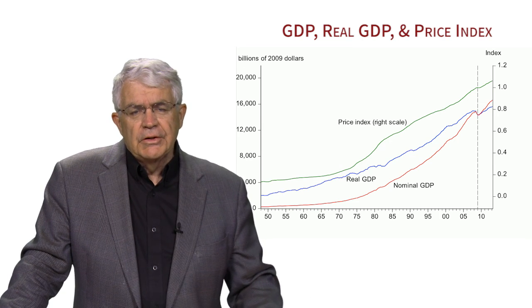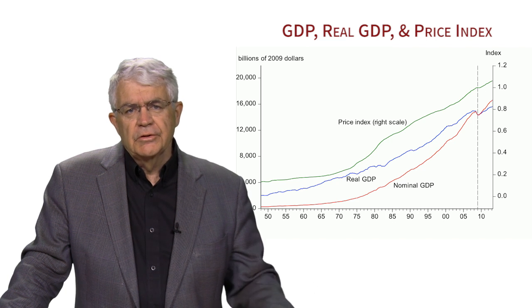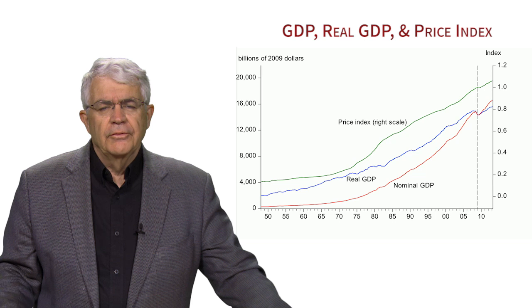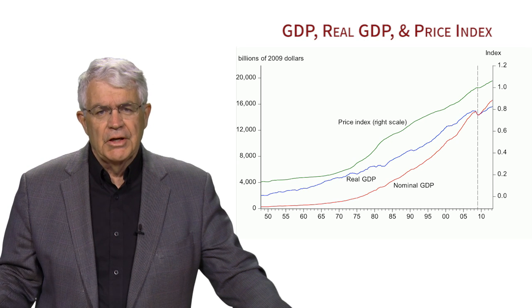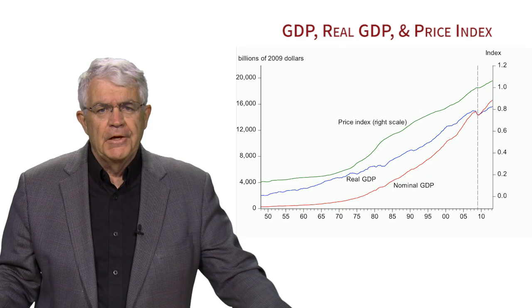And now you can see the increase in the price level over time. So we now got a nice little measure of the price index for the economy. And as we have noted, the inflation rate is just the percentage change in that price index over time. It's the rate at which it's changing. We want to look at that in a minute, but this is a price index itself.